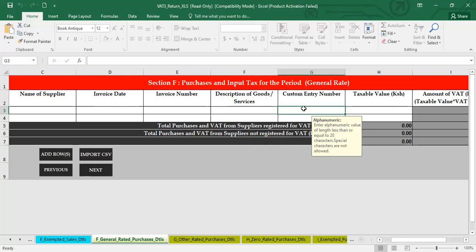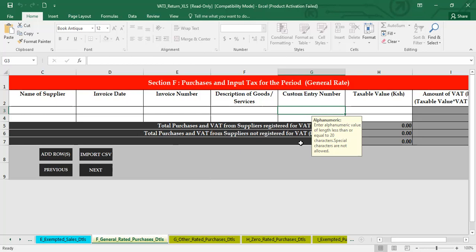Depending where you are buying the goods, the customer entry number can be an invoice number from their side. Since you are now a customer, you will enter the invoice number as a customer number.